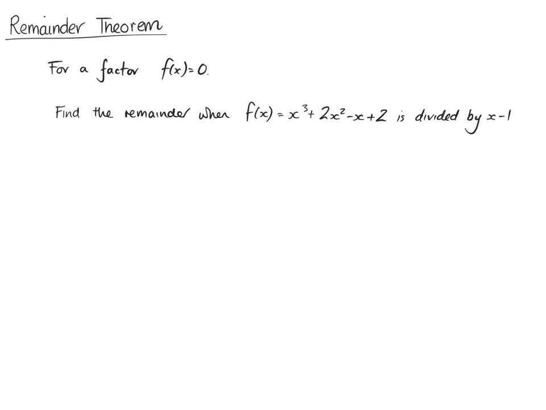Okay, if we do the f of x of the number that is going to give us 0 with that division, that gives us our factor.